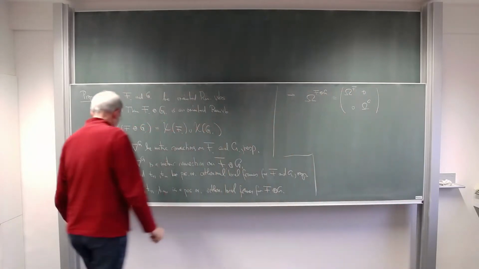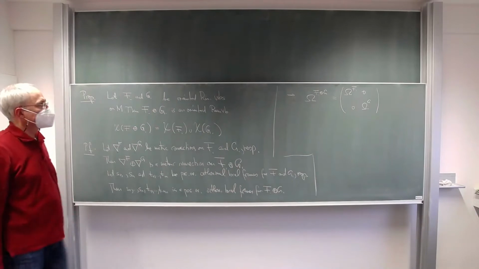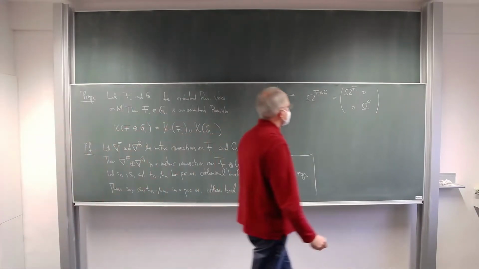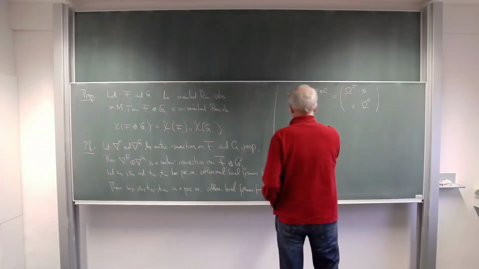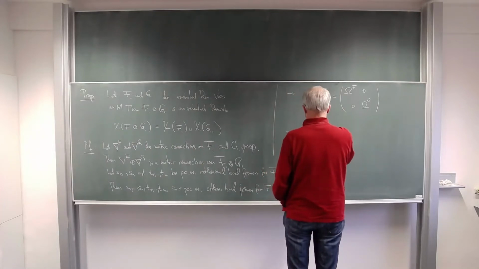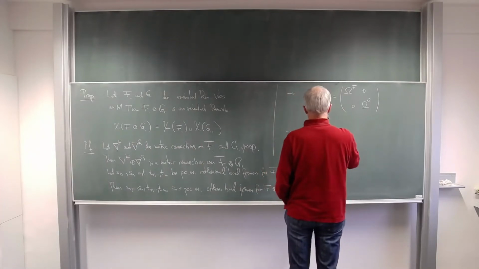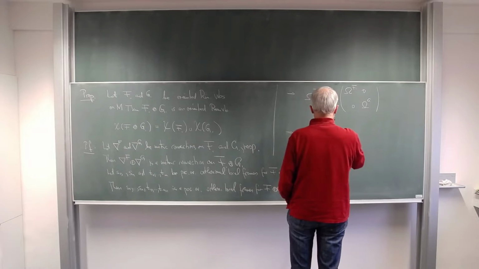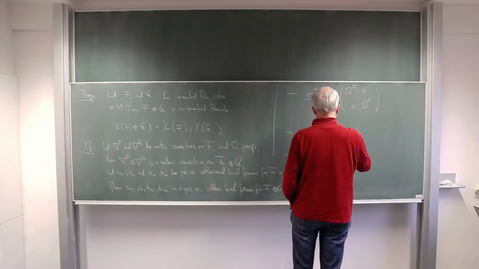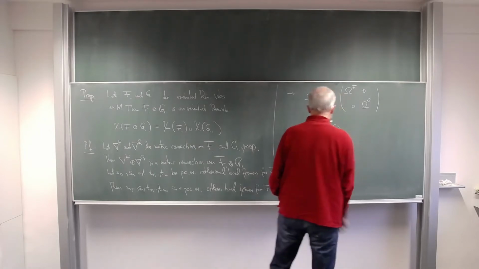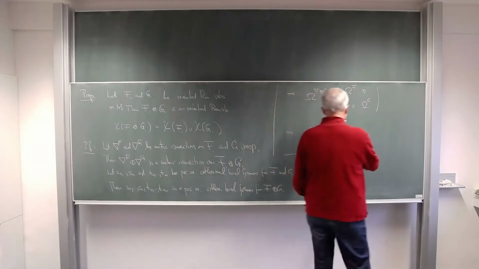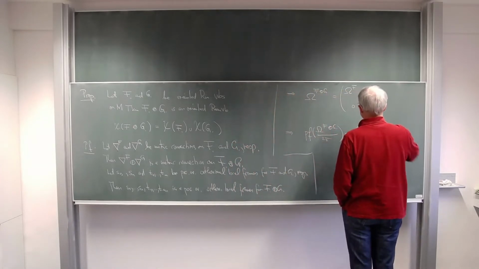Right? Because of these choices. And if we now apply the Pfaffian to this curvature matrix, to be precise to the curvature matrix divided by 2i, then this is the Pfaffian of this block matrix.